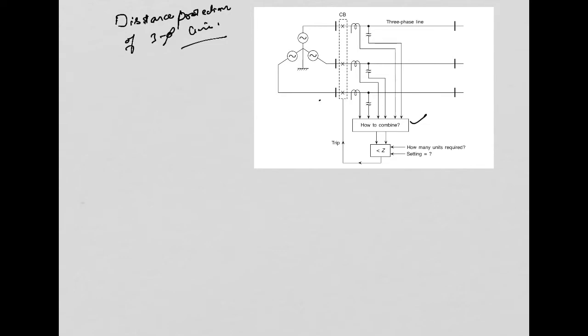separate protection for the phase faults as well as the ground faults. It means that separate protection needs to be provided for the phase faults and for the ground faults.